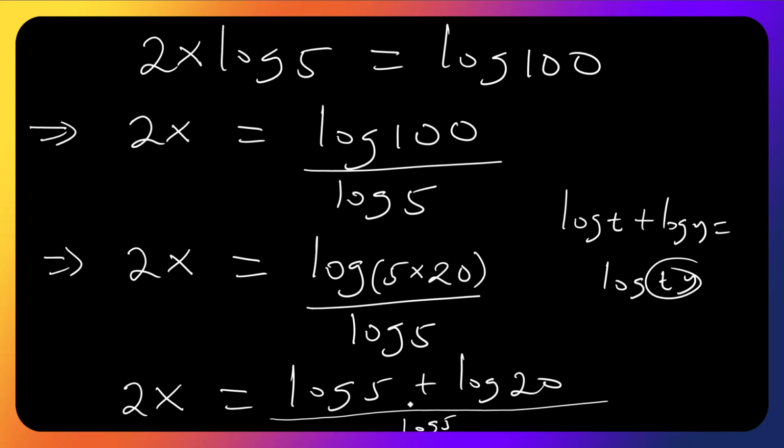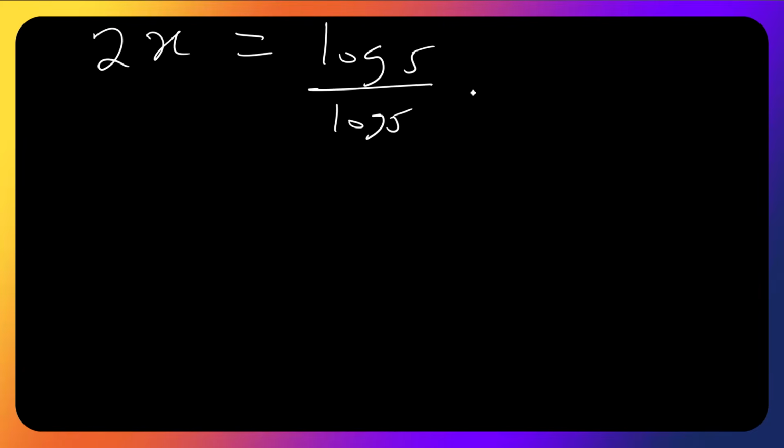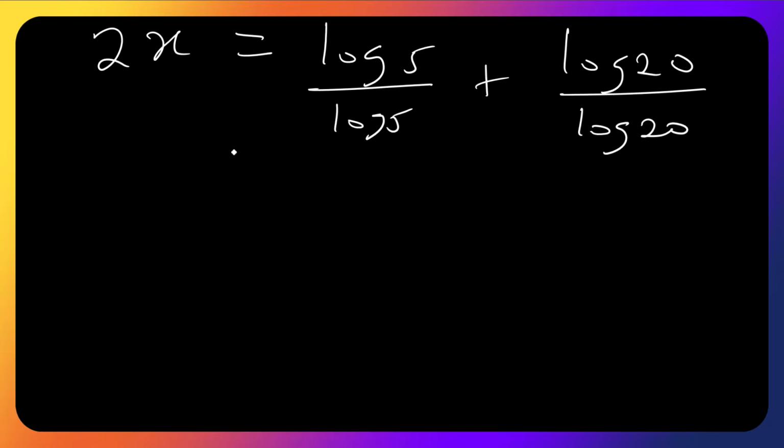So we can split this one. That will be log 5 on log 5 plus log 20 on log 5. 2x equals log 5 on log 5 plus log 20 on, oh sorry, log 5.